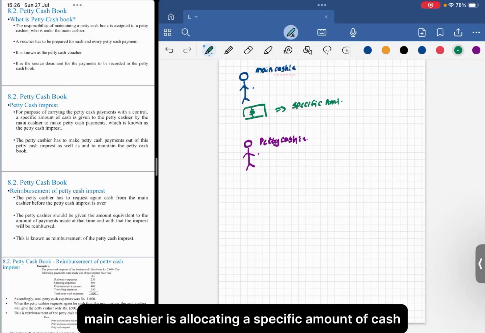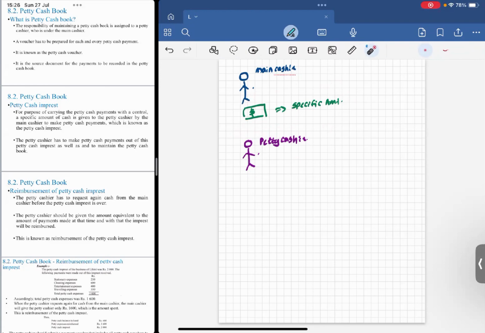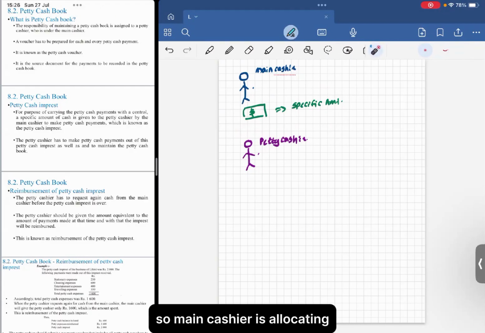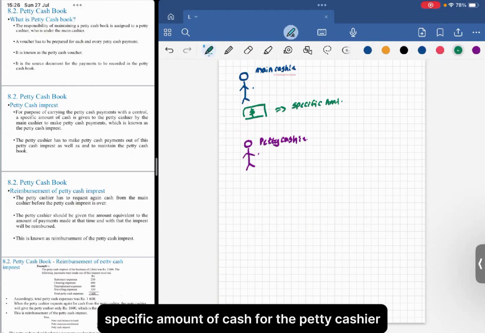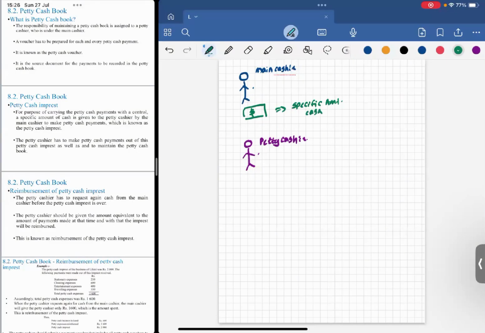So the main cashier is allocating a specific amount of cash for the petty cashier to make petty cash payments.